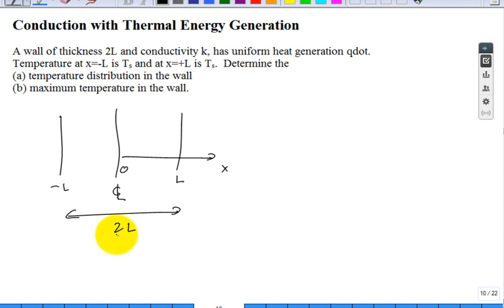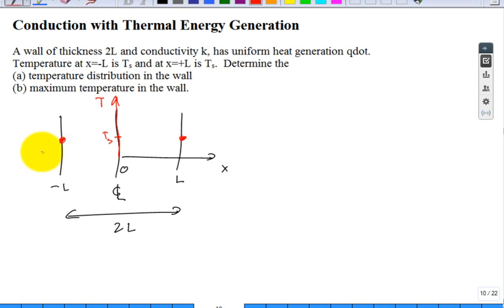Conductivity K, uniform heat generation, Q dot. The temperature at negative L is TS. Maybe we use this direction for plotting T. And over here is TS, both at plus L as well as negative L.